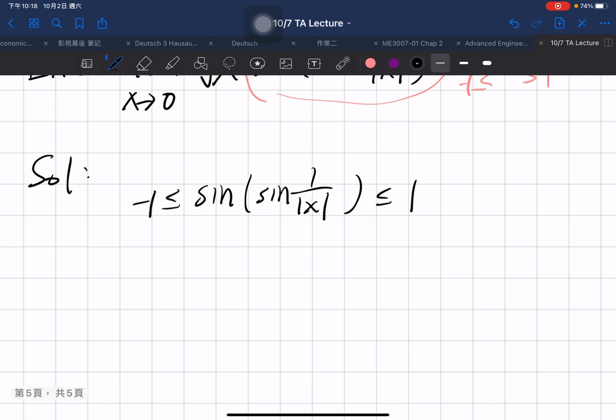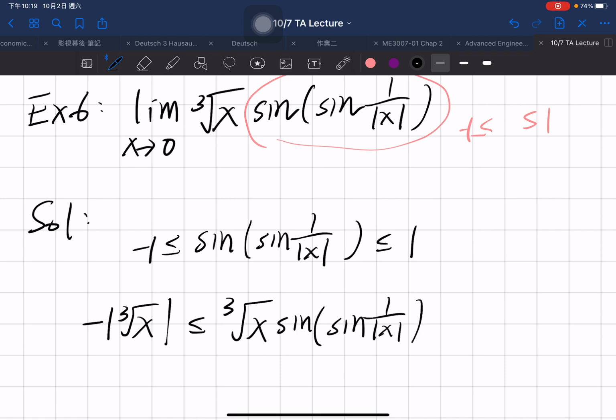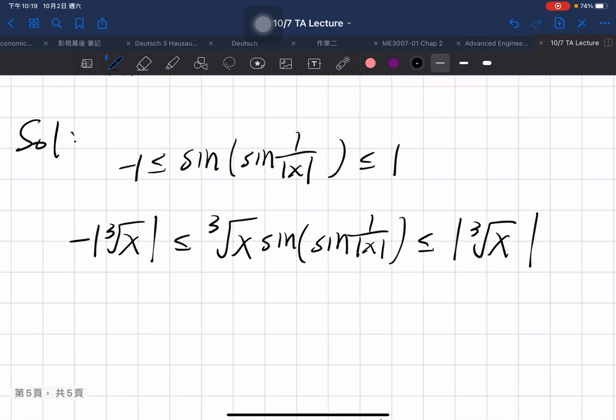So what we want to compute is the absolute value of x to the 1 over 3 power, because we don't know if x is positive or negative. So in this case, we add the absolute value and a minus and positive sign.